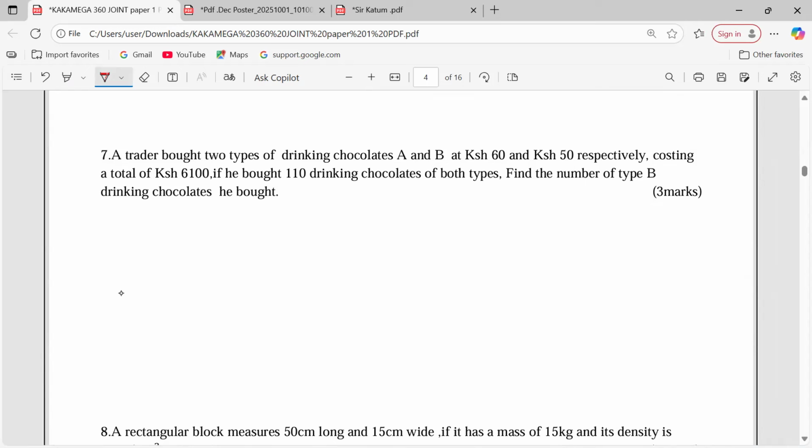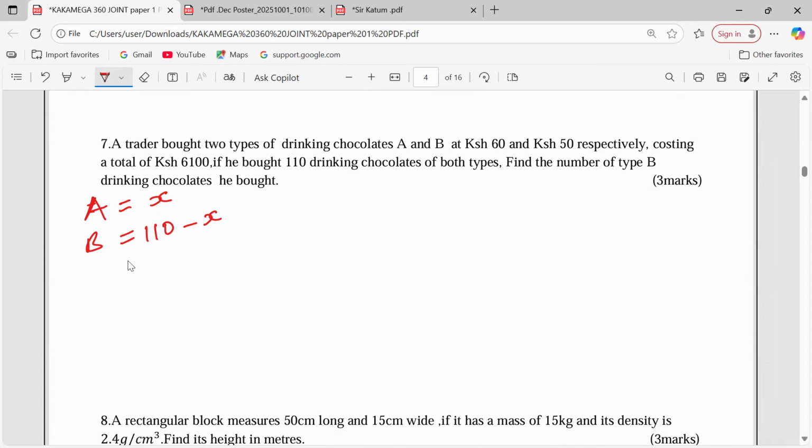If he bought 110 drinking chocolates of both types, find the number of type B that he bought. So we can say type A, he bought X. Type B, he bought 110 minus X because the total is 110.